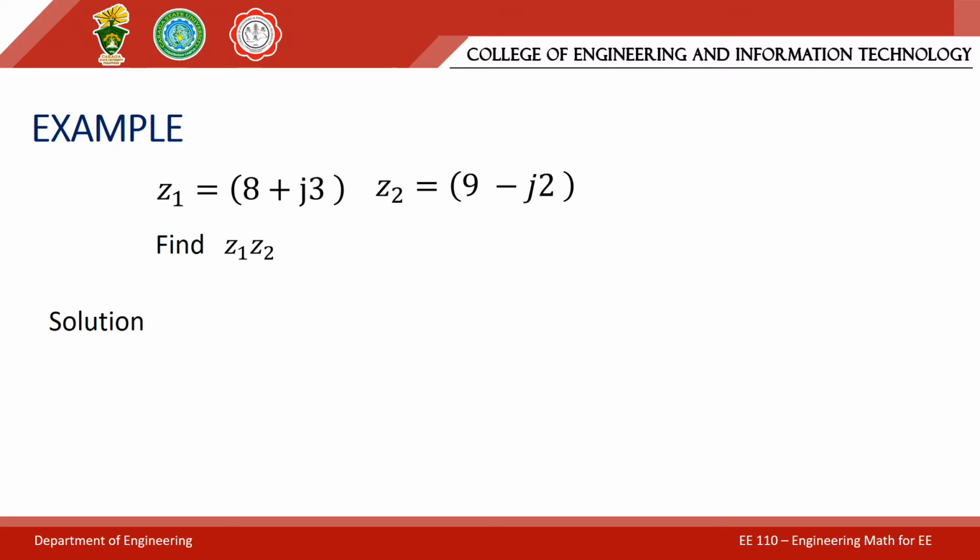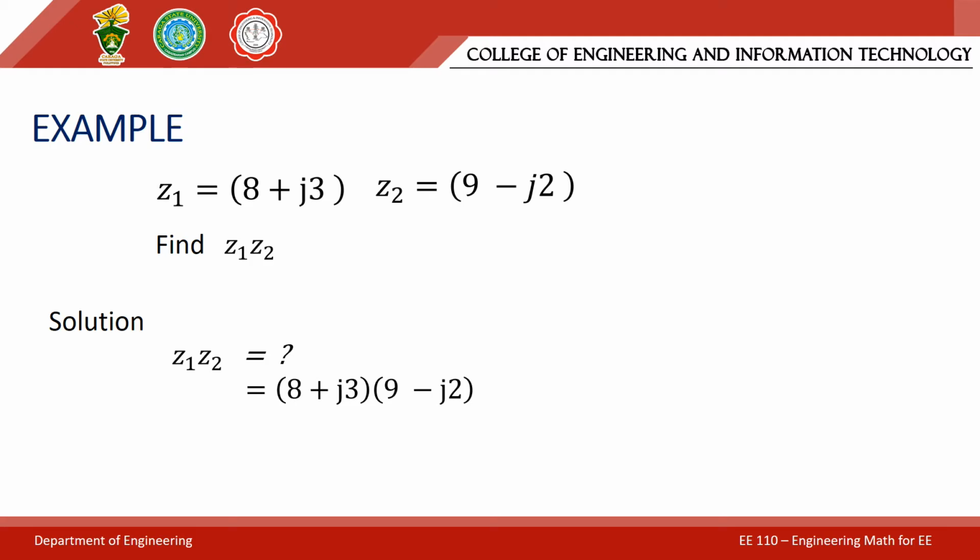So say for example we have here z1 is equal to 8 plus j3 and we have z2 here which is equal to 9 minus j2. So then we have to find z1 times z2. Okay, so first is we have to substitute the value for our z1 and z2. z1, that is 8 plus j3 times the quantity, the value of z2, which is equal to 9 minus j2.